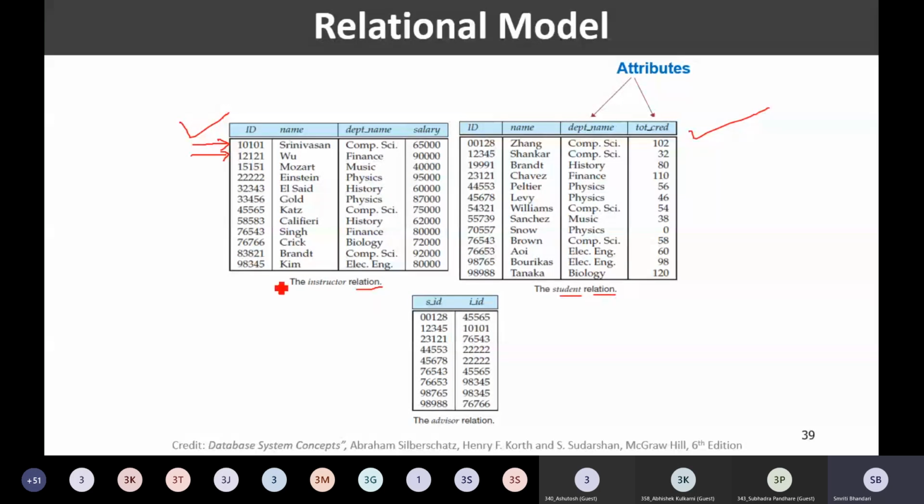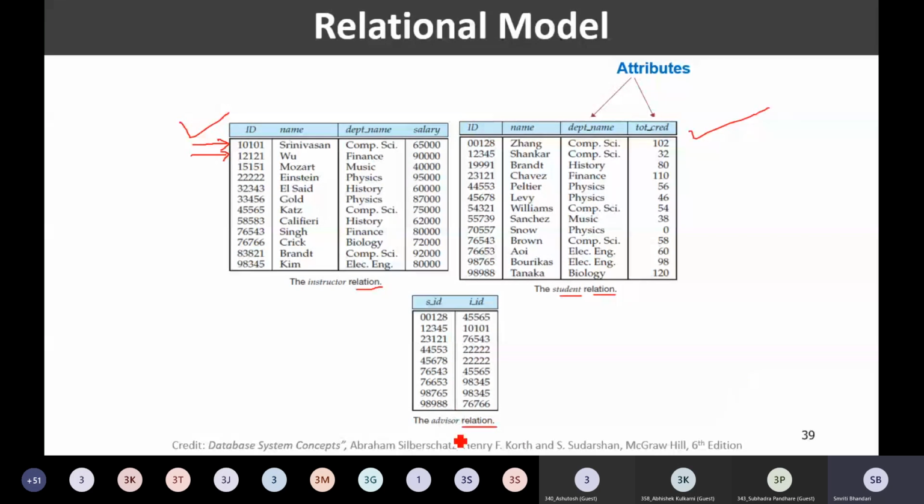In the ER diagram the word relation is used to depict the association between 2 entity sets. But in the relational model, every entity set as well as every relationship in the ER model is represented with one table, and that table is also named a relation in my relational model.